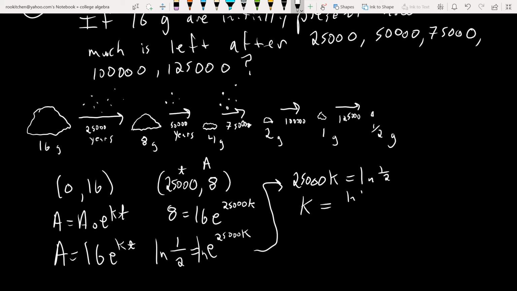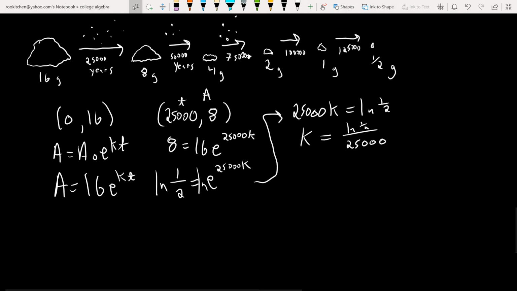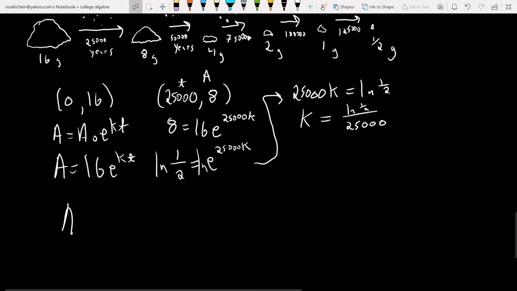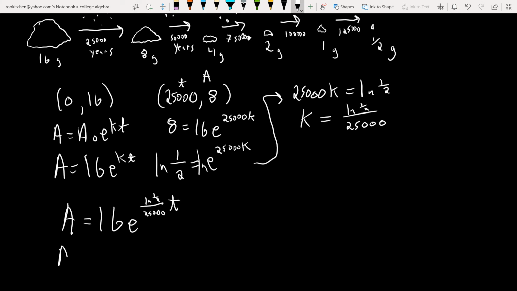You end up with k equals ln of 1/2 all over 25,000, and now officially we have our new equation in all of its glory: A equals 16e to the ln of 1/2 all over 25,000 t.